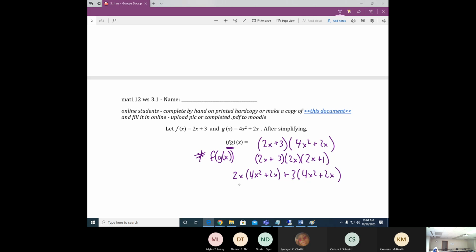Now multiply that out. 8x cubed plus 4x squared plus 12x squared plus 6x. And I have x squareds combining.